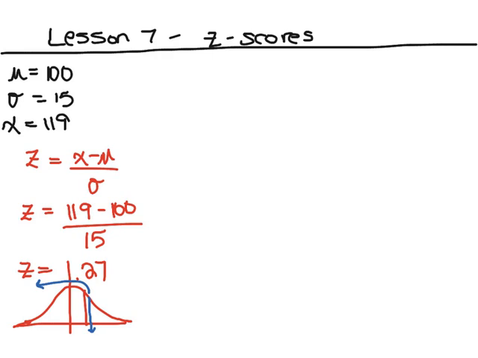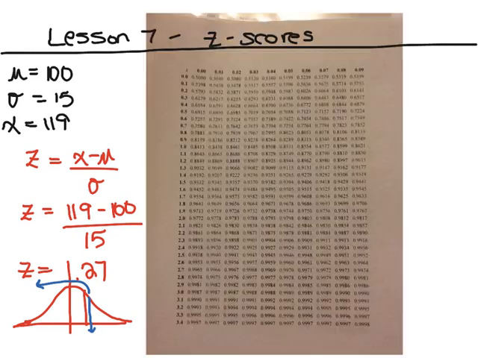Your Z-score chart should look like this, and we're looking for a positive. This is how you read the chart. We're looking for 1.2, so we go to 1.2. Our next decimal place is a 7, so you follow the chart all the way down to 7. This is the piece of data we are looking for.